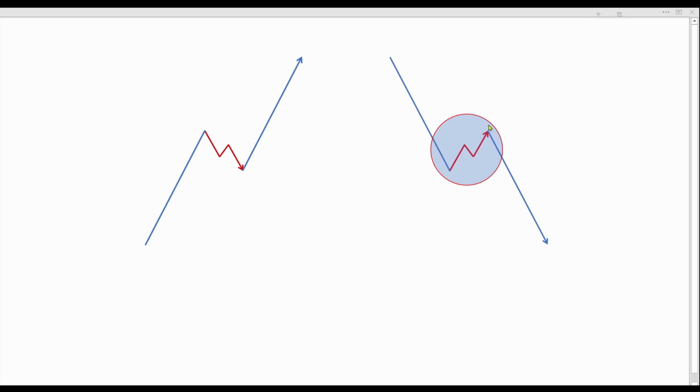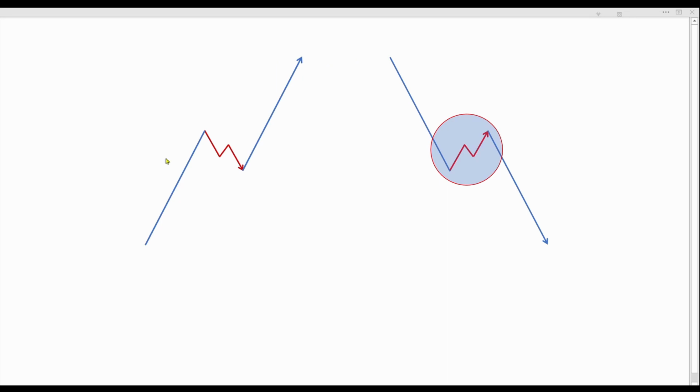Of course, I'm going to look for the confluence of other stuff to confirm the trade. And the last thing I check again is a bearish bar in this case, that will tell me this is a good chance of having a winning trade. So I will enter here in a short position to the downside.